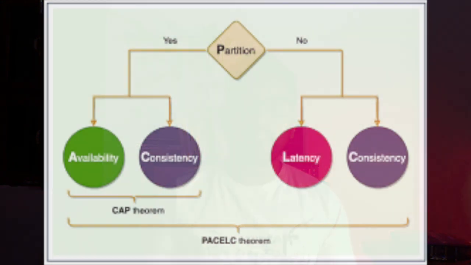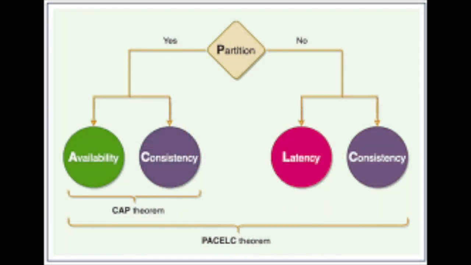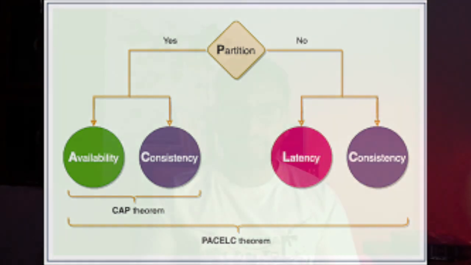Here, PAC is simply CAP in reverse, means the same. After it, E stands for else, L and C stands for latency and consistency. It says in case of partition has happened, you choose between consistency and availability. But if a system is intact, there is no partition, then we choose between latency and consistency.